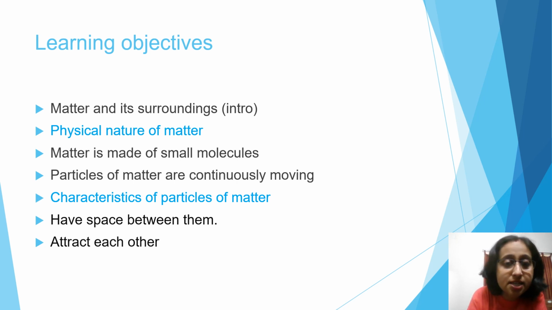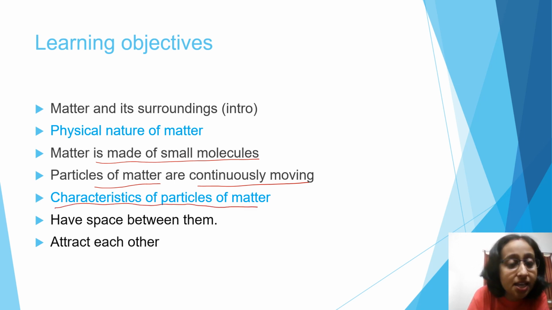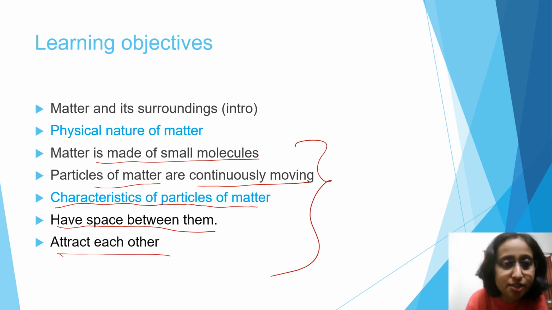We are going to discuss that matter is made up of small particles, and that particles of matter are continuously moving. Characteristics of particles of matter: they have space in between them, and they attract each other. With various examples we are going to discuss this today, and we are also going to discuss the basic introduction about matter and its surroundings.